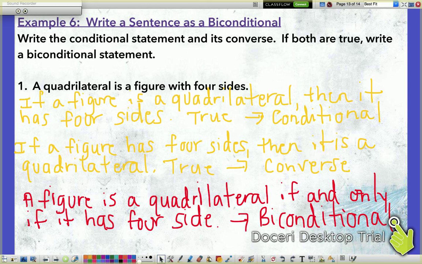Okay, not too bad. Just make sure that you pay attention and you're not writing the conditional statement as the converse. Okay, so when I'm looking at this part, it has to be the if. This part has to be the then when I'm writing it. Okay?